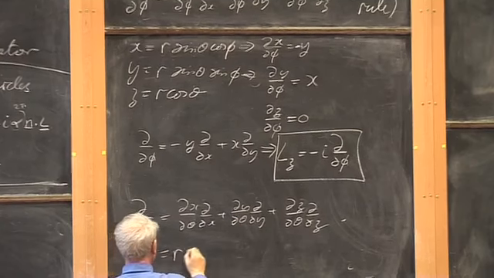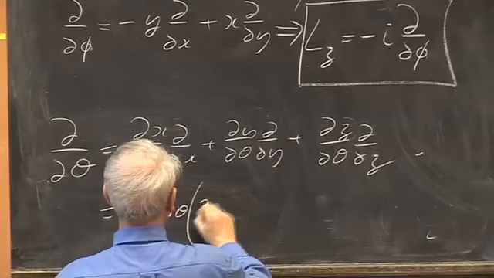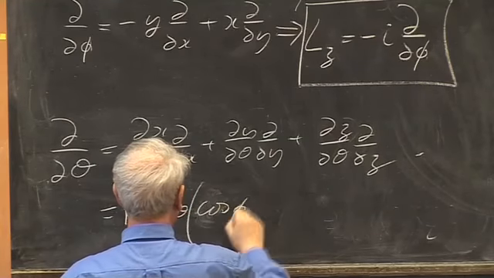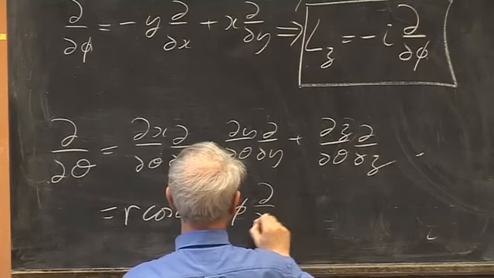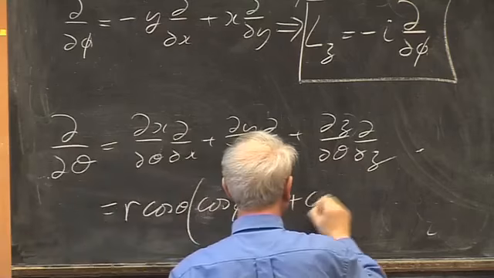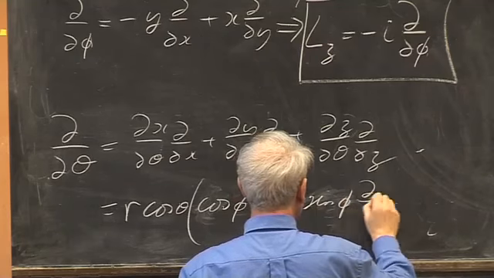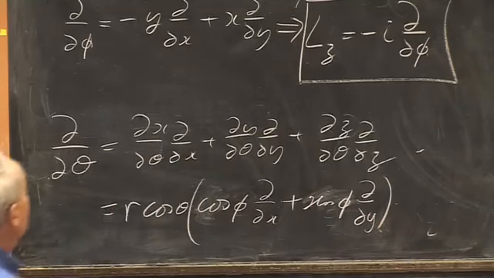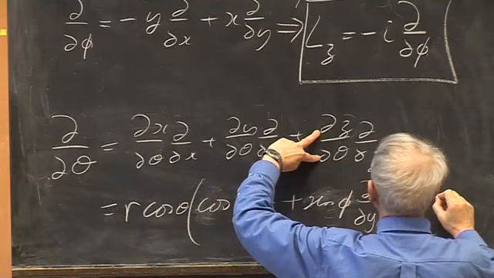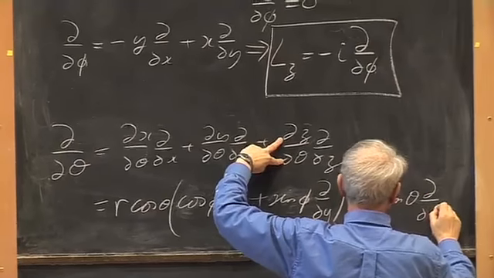So I get a common factor of r cos theta, open a bracket, and then we can write down cos phi d by dx plus sine phi d by dy. And then finally we have dz by d theta, which is going to be minus r sine theta d by dz, because we're differentiating cos.